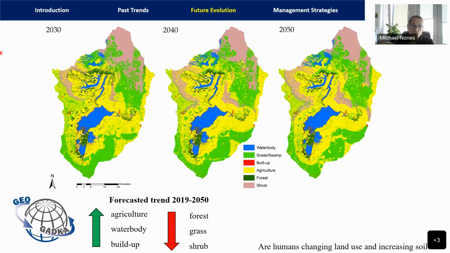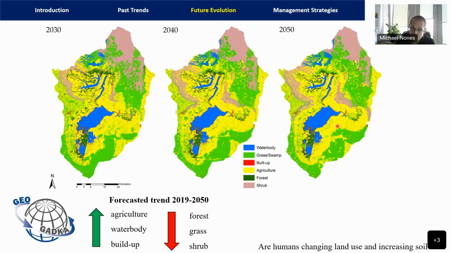So basically, we came out with 3 different maps also for the future in 2030, 40, and 50, and you can see that the trend is the same. So in 30 years, we should expect a basin mostly covered by agriculture and grass areas, with rather big villages.